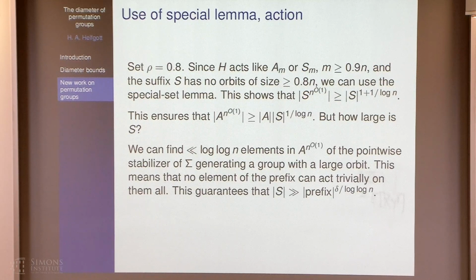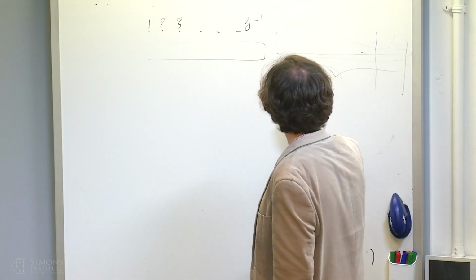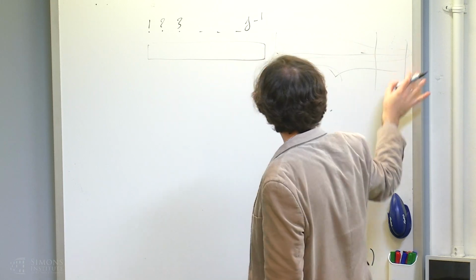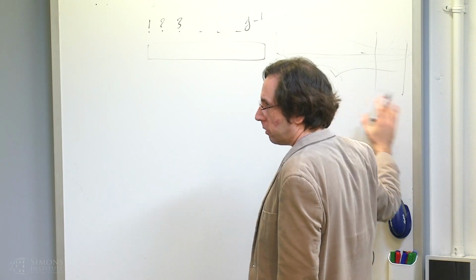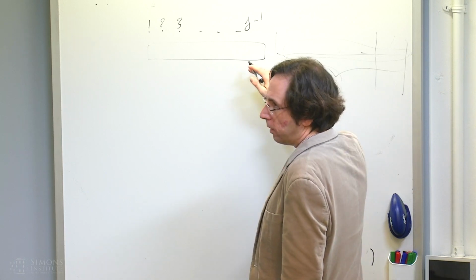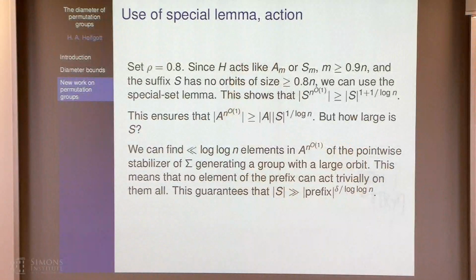And then you use them as some sort of pivot, in the sense that you let the set-wise stabilizer act on those sets. Because they generate things here, no element here can fix every single element here by conjugation. So at least one of these is going to have a large orbit. So you're always going to have a fair number of elements in the point-wise stabilizer, not very many fewer than you have in this rather rich prefix.